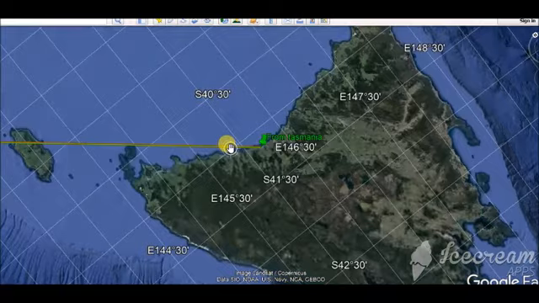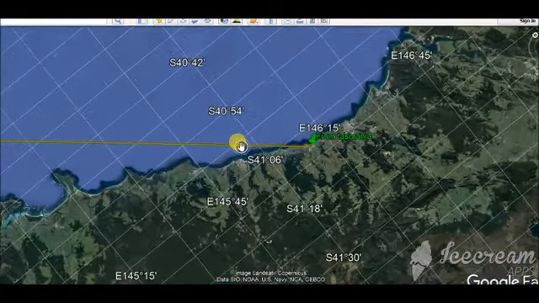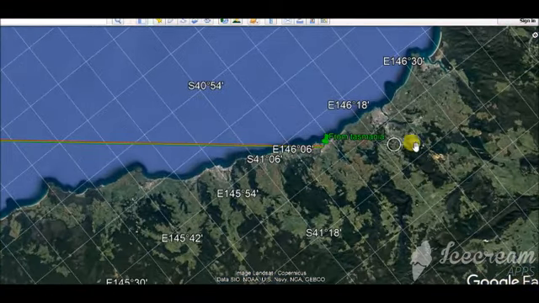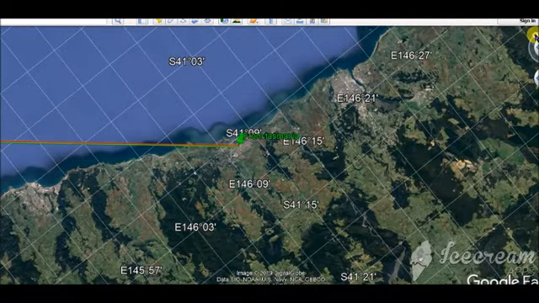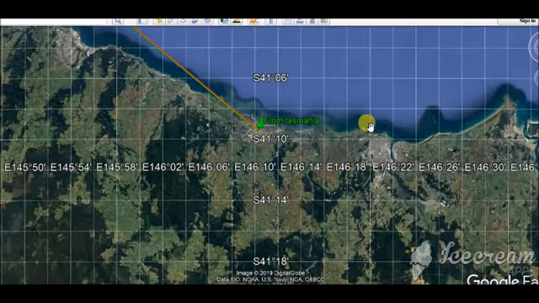Because I believe that the angle from Ripley to Ulverstone is going to be the azimuth of the moon, if both locations are measuring the moon azimuth from the same point at the same time.